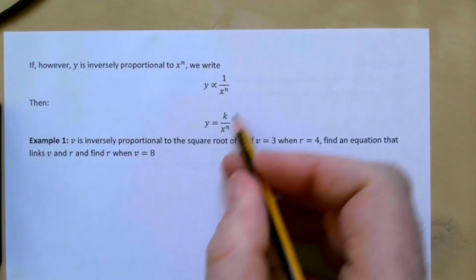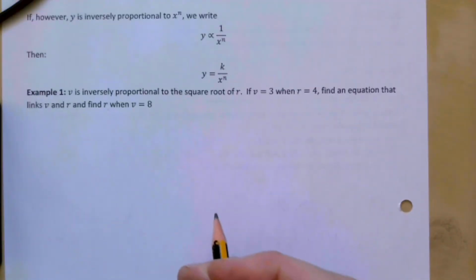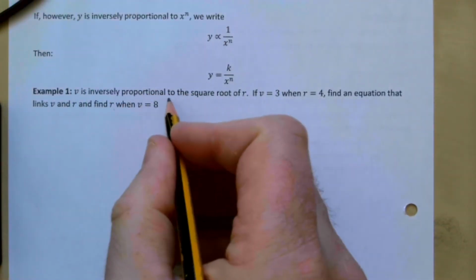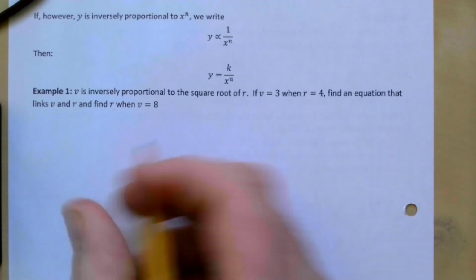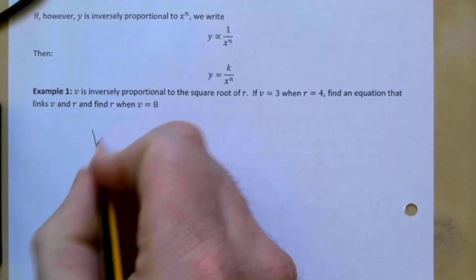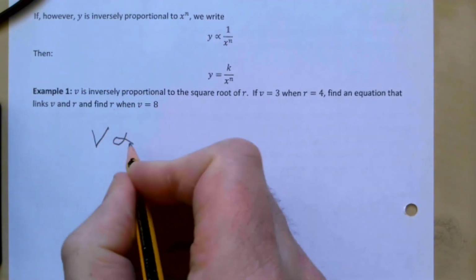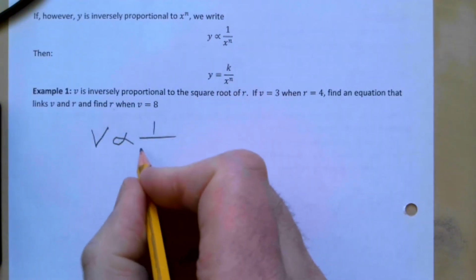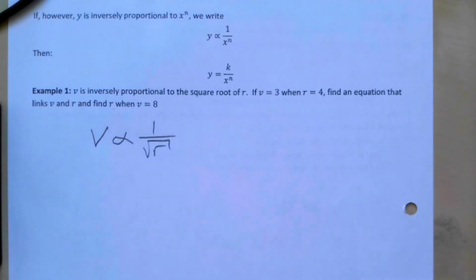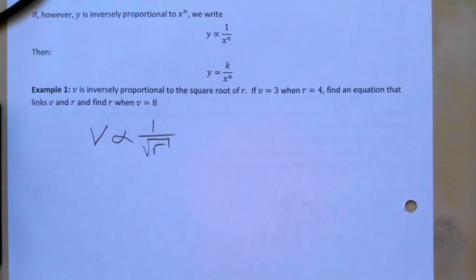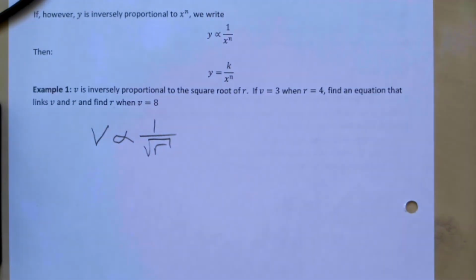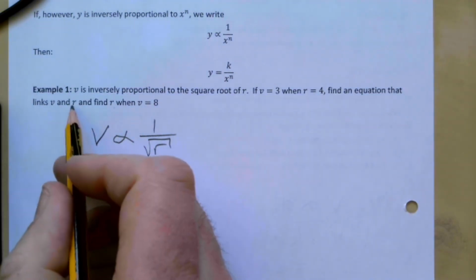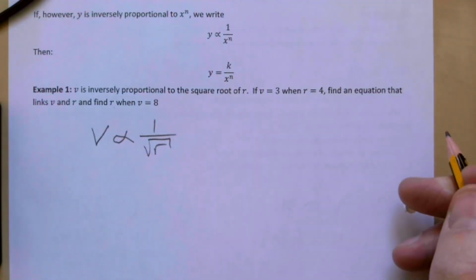That's the same as k times 1 over x to the n. V is inversely proportional to the square root of r. So we would write V proportional to 1 over the square root of r. If V equals 3 when r equals 4, find an equation that links V and r, and find r when V is 8.